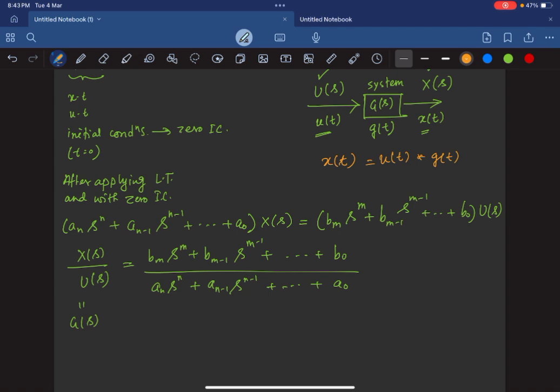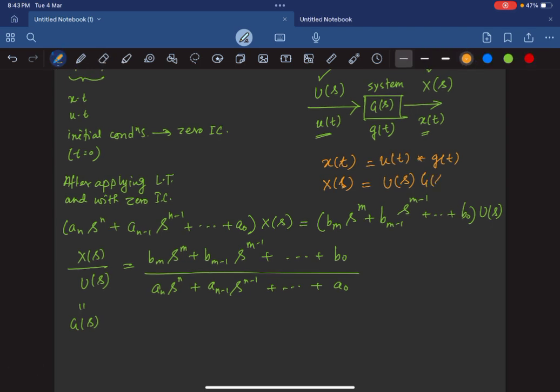So if you apply the convolution theorem, the Laplace transform of x(t), that is X(s), is nothing but U(s) multiplied with G(s). So G(s) is nothing but X(s) by U(s).